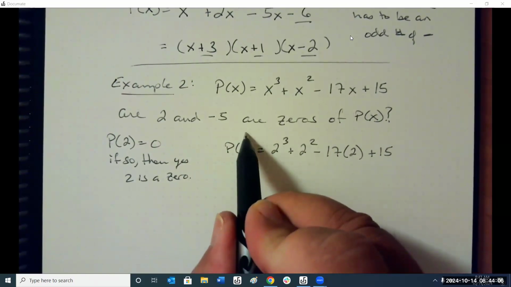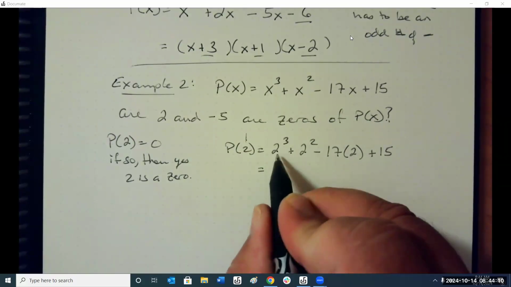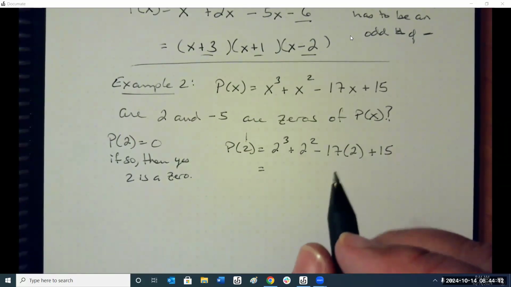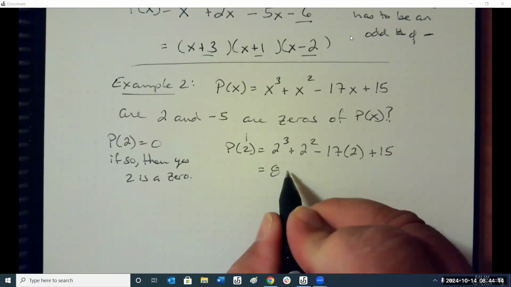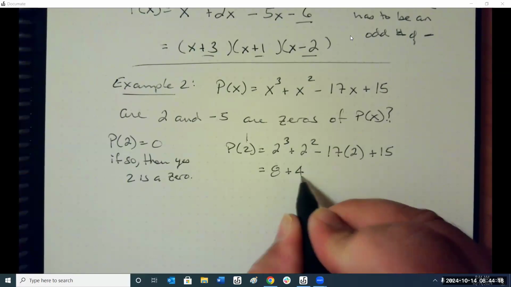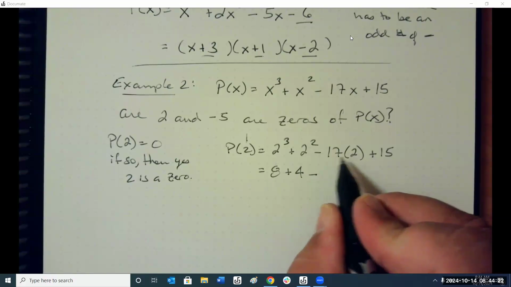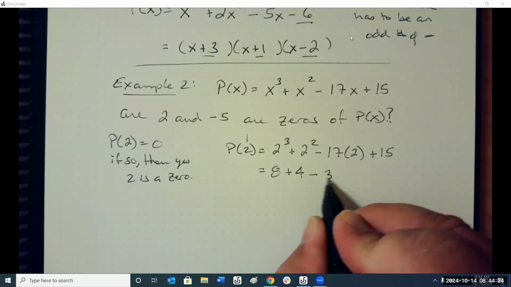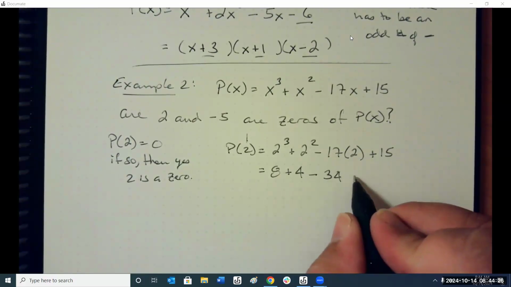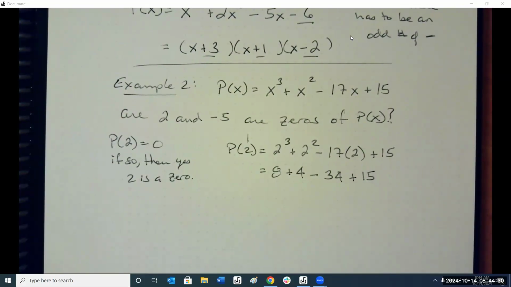Whatever's inside here goes in place of x. 2 cubed is 2 times 2 times 2, which is 8. 2 squared is 4. Negative times positive is negative. 17 times 2 is 34, plus 15.